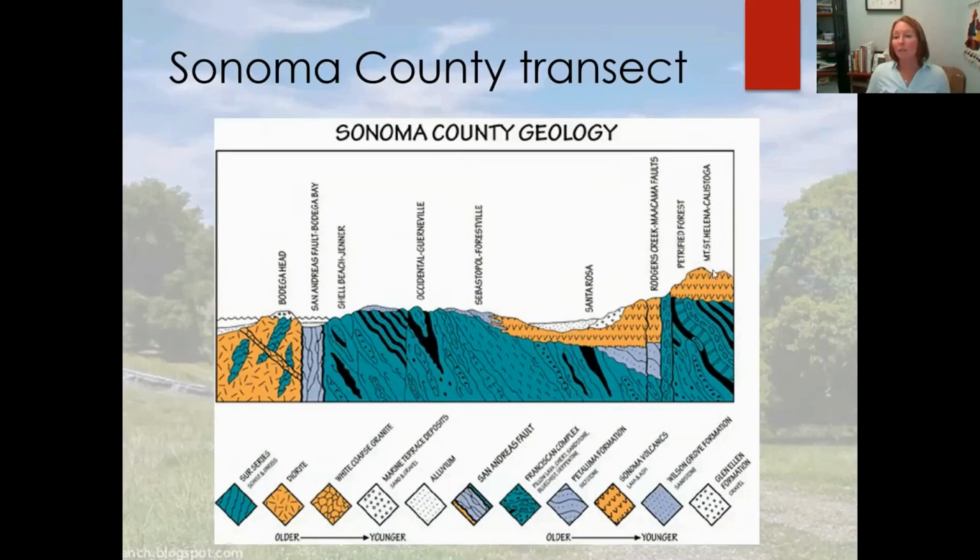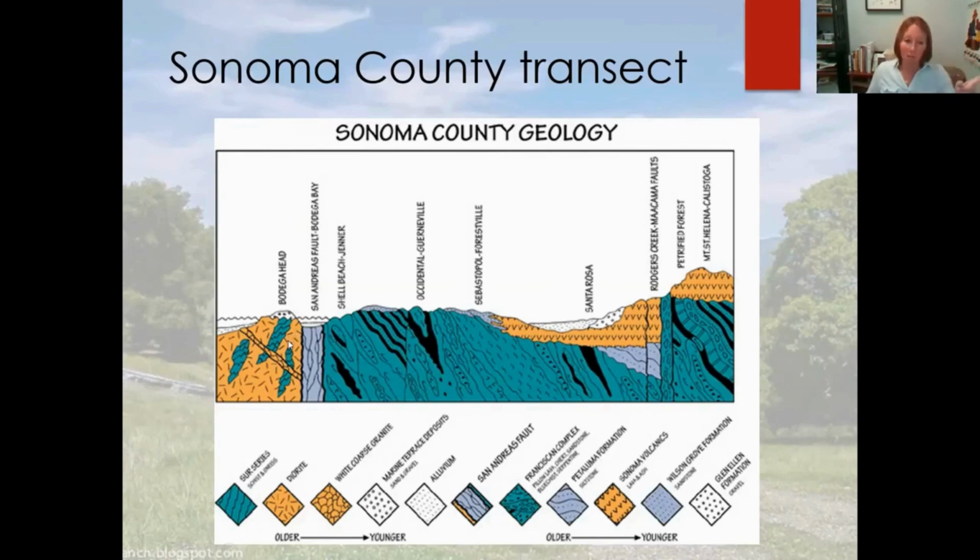Mount St. Helena is over here on the east, and you can see the type of rocks that we're talking about. All this goofy sort of teal colored stuff is all Mélange material. This is the San Andreas Fault, where all the rocks have been ground up and mangled along the fault as a result of that frictional sliding. And then Bodega Head, which is on the western side, is non-subducted rocks.